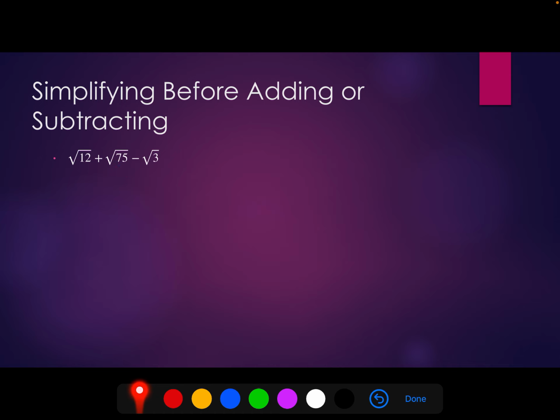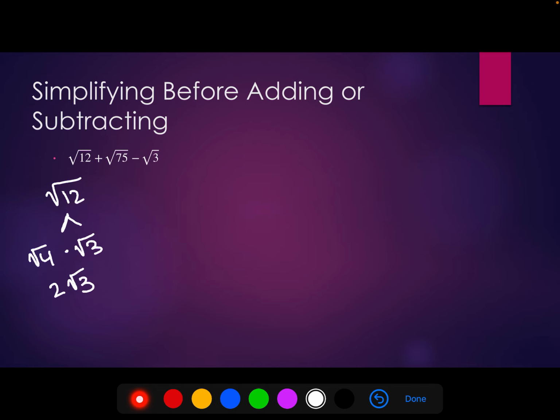But before we make that assumption, we have to simplify each one of these roots as far as we can. So let's start with that root 12. We have the square root of 12. We can break that down like we know how to do into the square root of 4 times the square root of 3, and the square root of 4 can be simplified to 2. So the square root of 12 is equal to just 2 root 3.